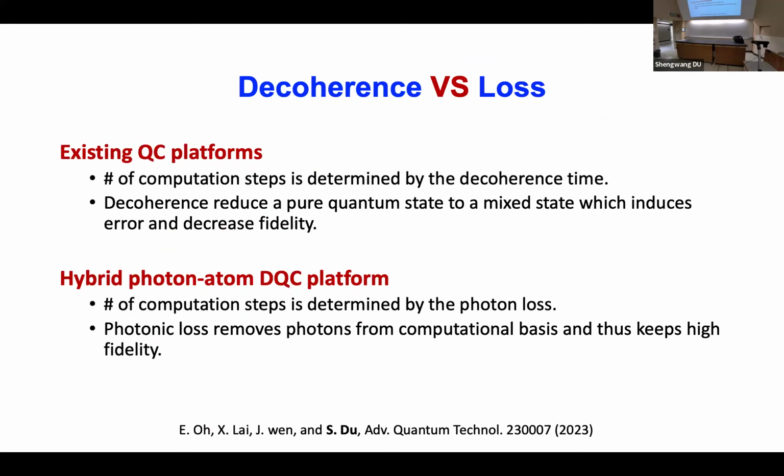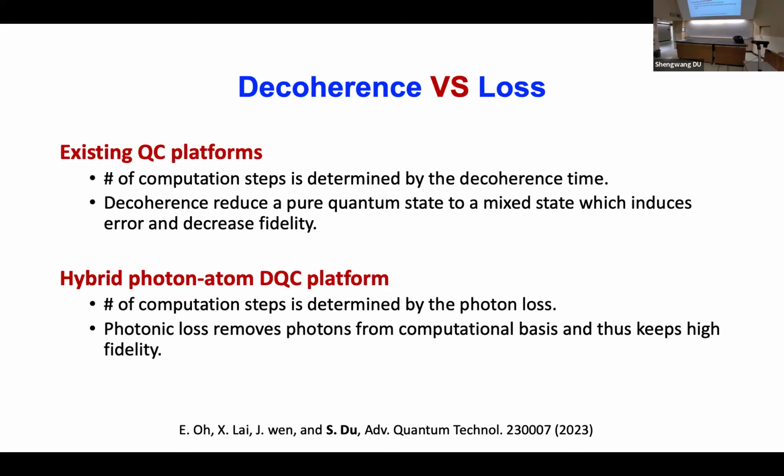So the difference is this, compared with previously. For existing quantum computer platforms based on superconductors, trapped ions, neutral atoms and others, I think the number of computing steps is determined by the decoherence time. Decoherence means a pure quantum state after a while becomes a mixed state, but the atom or the qubit is still there.